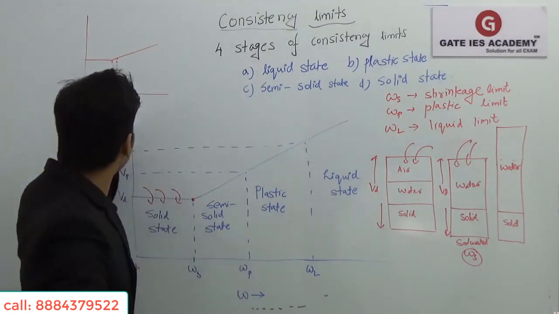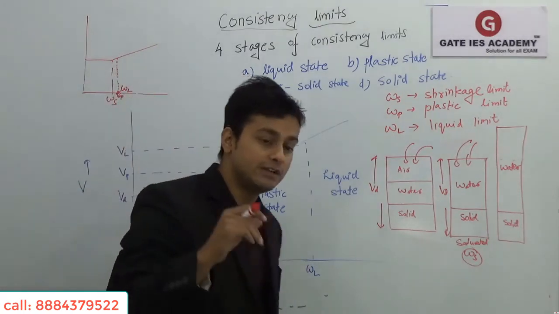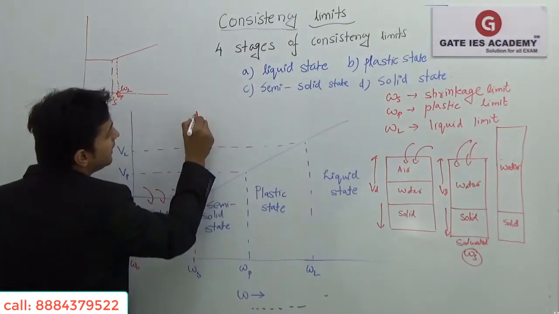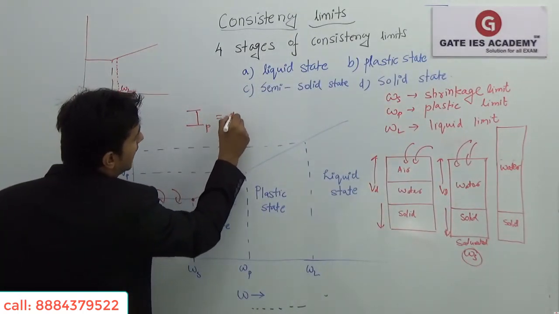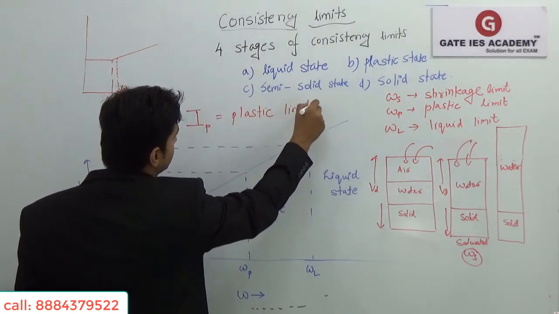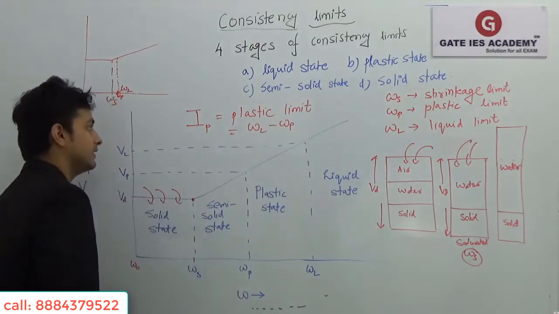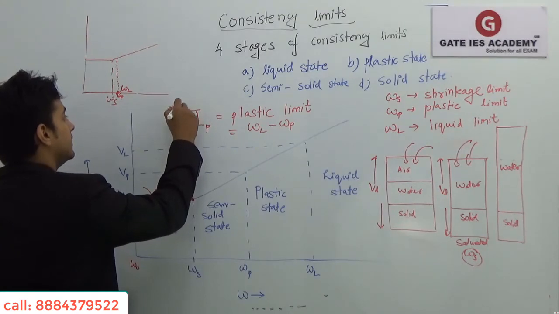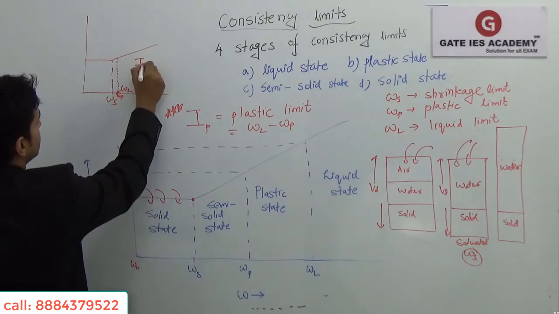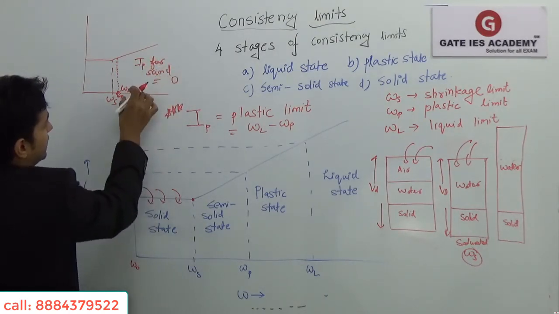That's why there is not a lot of difference between WL and WP, and that is why we define a term called the plasticity index, IP, which is WL minus WP. Okay, this is a very important term, IP, and you can very well say that IP for sand will be equal to 0 because there is no difference.